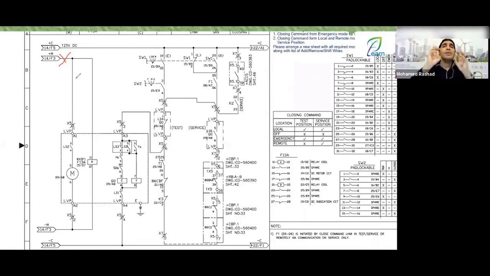Immediately, this coil loses its supply, so it starts changing its normal positions and it begins to give you the alarm, telling you there's a problem in the DC circuit.